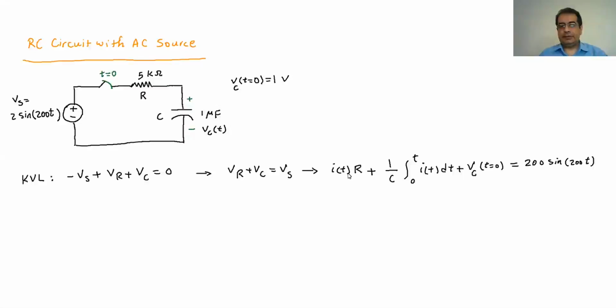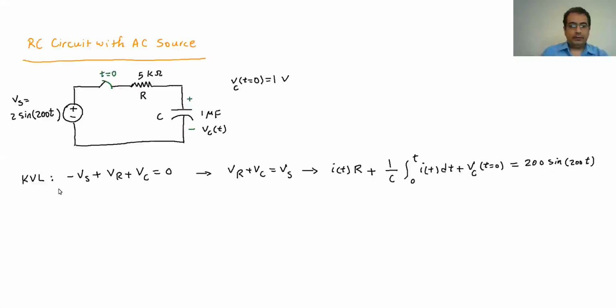As you can see, we want a differential form of the equation. We don't want to have the integration in our equation. So to get a pure differential equation, we just differentiate this equation with respect to t, and we get rid of that integration.